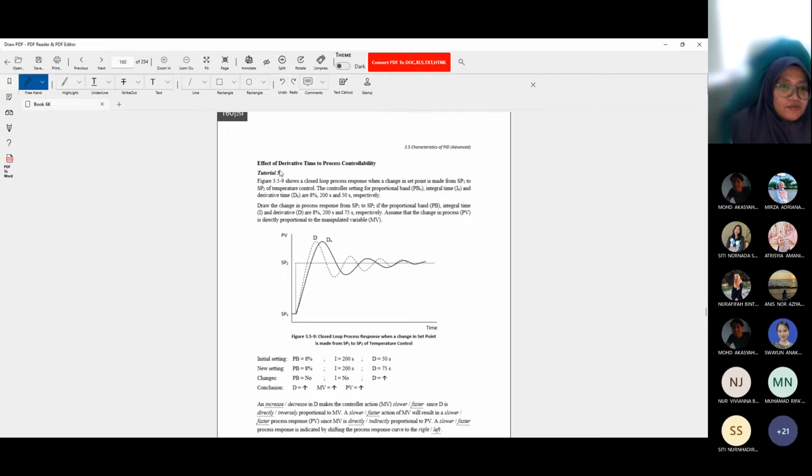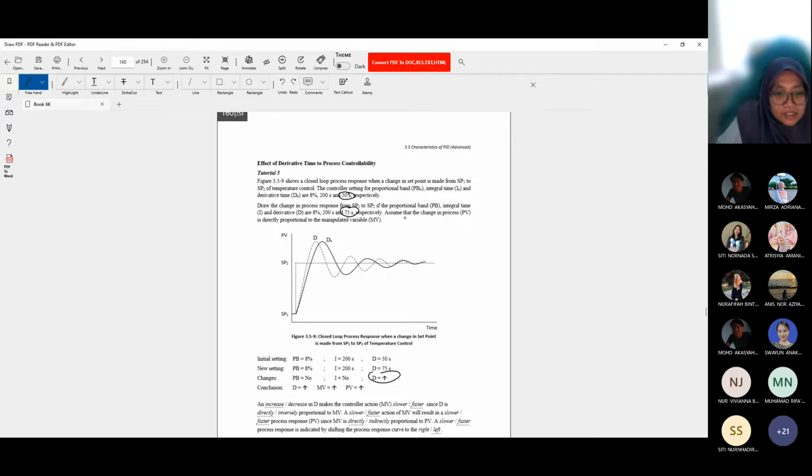This one, for the derivative. Okay. Dekat sini the PB, the D value is changed from 50 second to 75 second. Okay, we can say that the change occur only at D in increasing order because from 50 to 75.